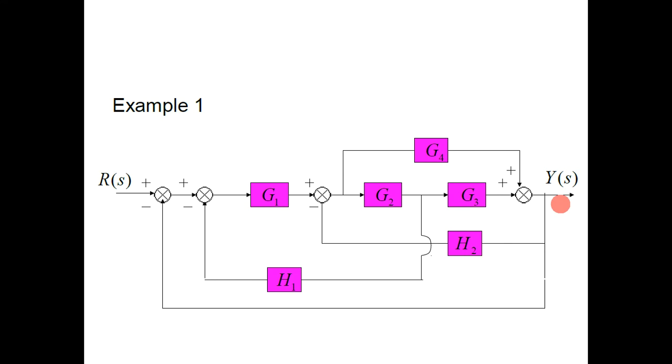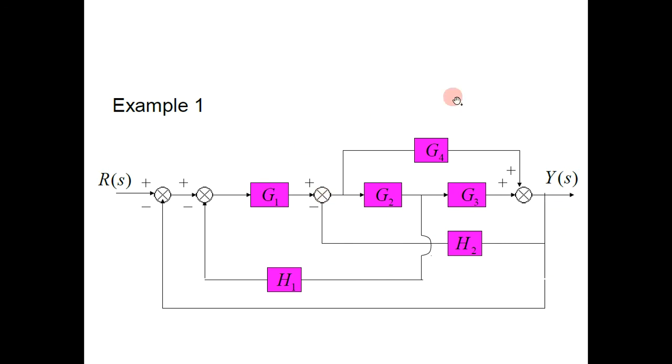If there is a combination like this, means blocks in parallel or blocks in series or a feedback loop directly, first solve those things, and then go for the next step. But if we can't find these three cases, we have to do the manipulations. We have to follow the rules of block diagram algebra.